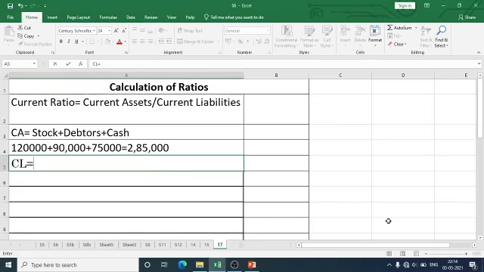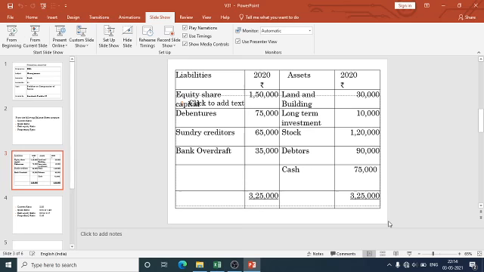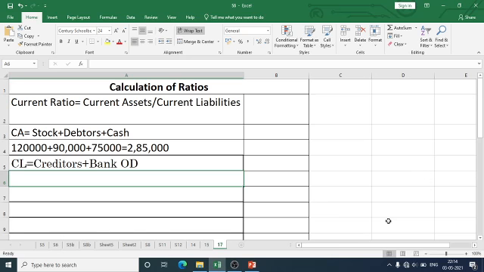So current liabilities are actually creditors plus bank OD. So the amount is 65,000 plus 35,000. So the amount will be 1 lakh.